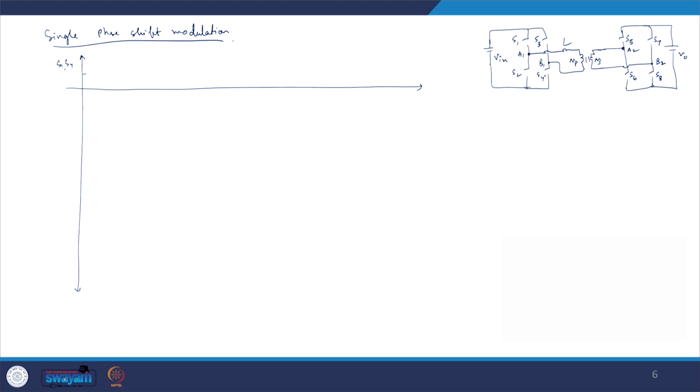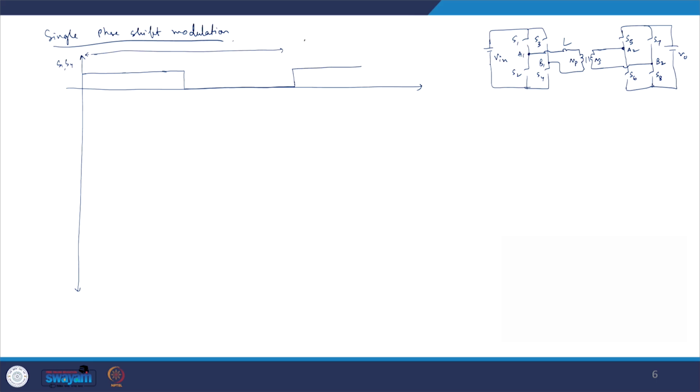Now, my S1 and S4 are on at the same time. Let us take it on for Ts by 2 period, and then it is off for another Ts by 2 period.